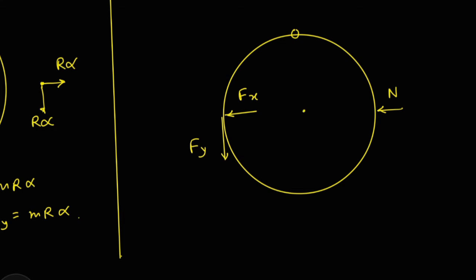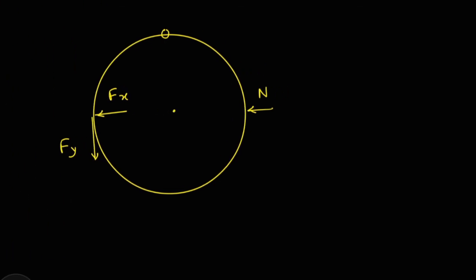So these are the forces acting on the ring, and since the ring is a light ring, its mass can be assumed to be 0, its moment of inertia is 0, so therefore its I alpha is also 0, so therefore torque acting on it should be 0.